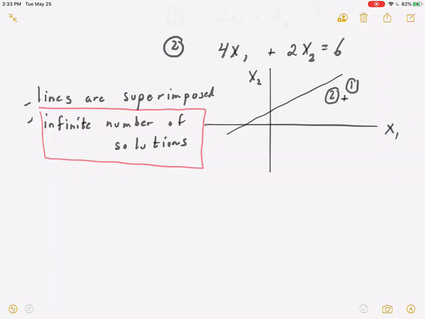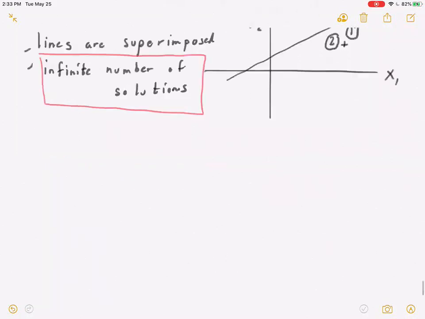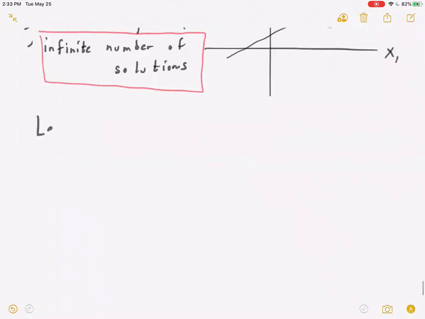Okay, so we need to look at these 3 cases in more detail and figure out what's going on. And so we're going to look at, in some detail, a method that will allow us to solve a set of linear equations without dealing with determinants.